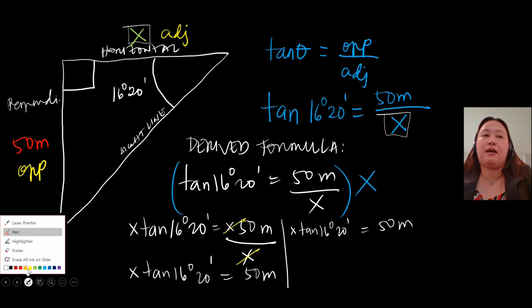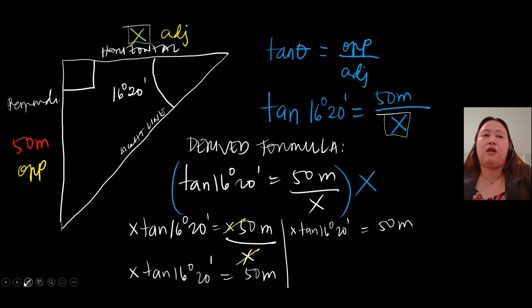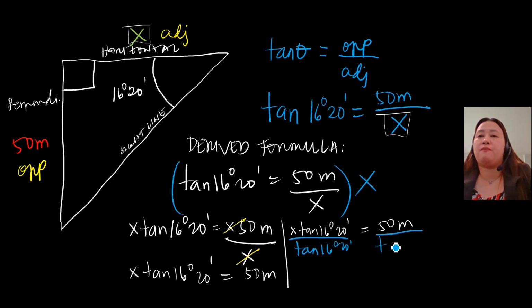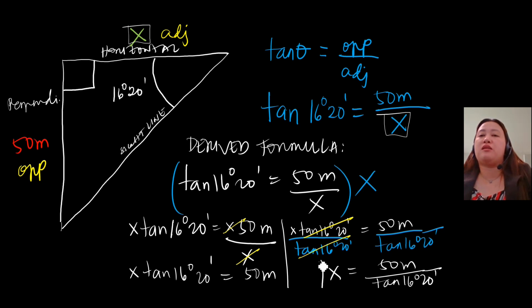Dividing both sides by tangent 16 degrees and 20 minutes, you can already cancel the tangent 16 degrees and 20 minutes. Then we have x equals 50 meters over tangent of 16 degrees and 20 minutes. So this will be the derived formula. Okay, that is the derived formula.